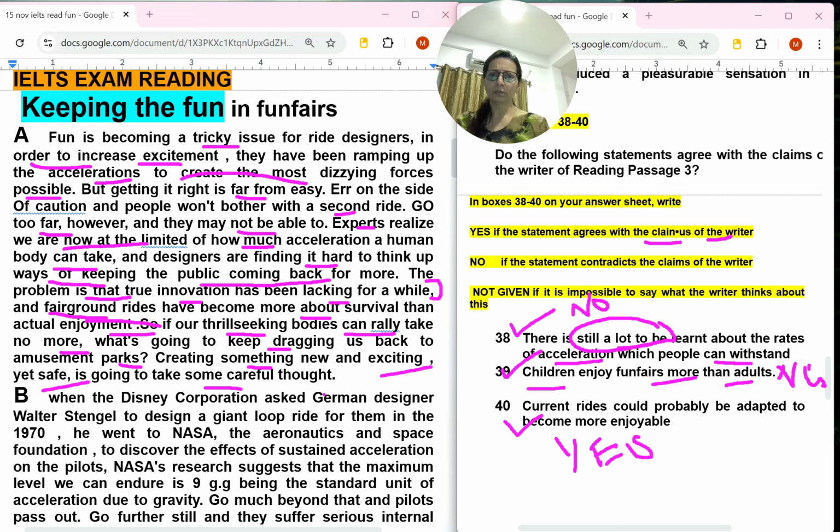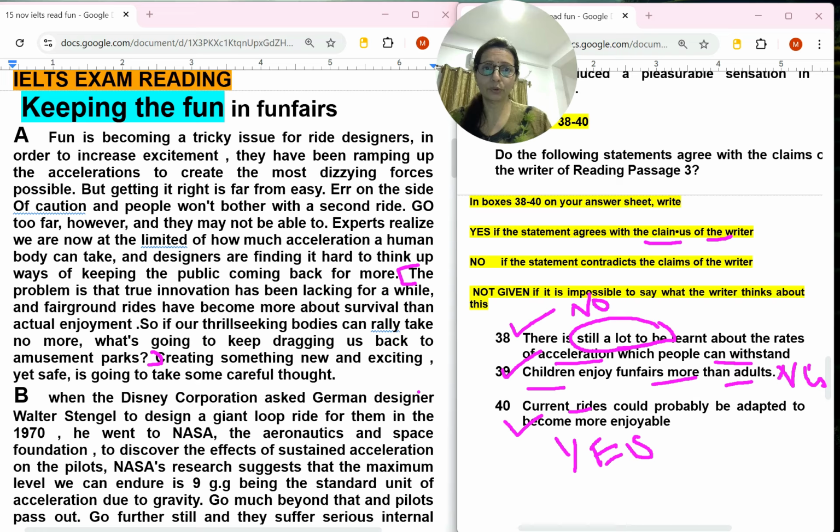I have read all the next paragraphs, but nothing they have talked about current rides. Or we can shift to the next paragraphs. Just no. Here in this sentence, from here to here, they are talking about this indirectly. Definitely the word current they have not used. True innovation has been lacking for a while, and fairground rides, current rides, have become more about survival than actual enjoyment.